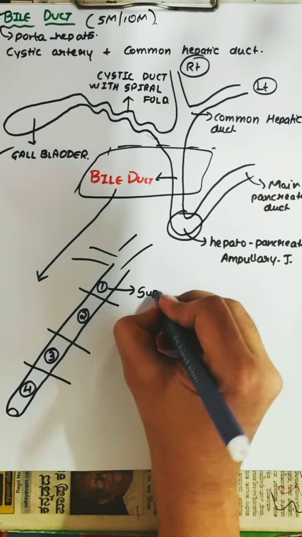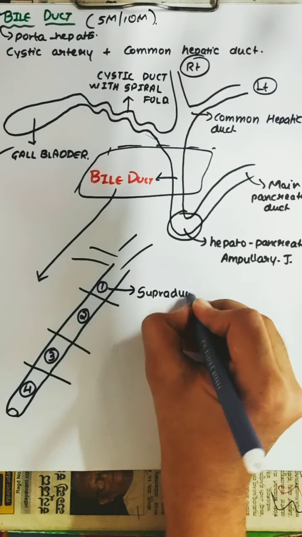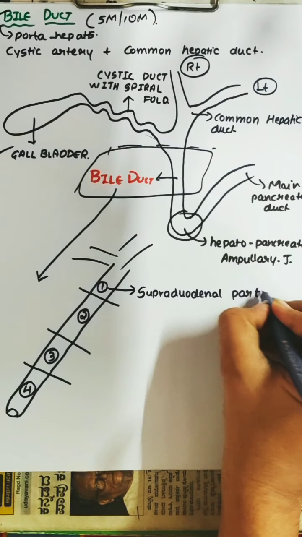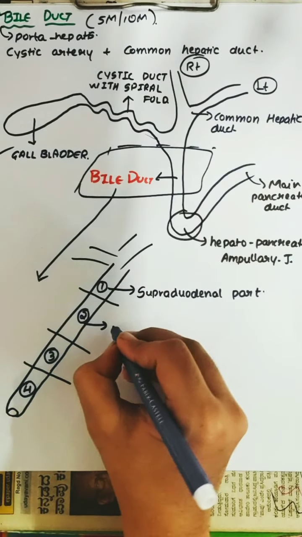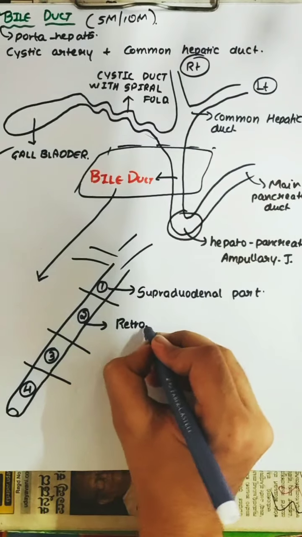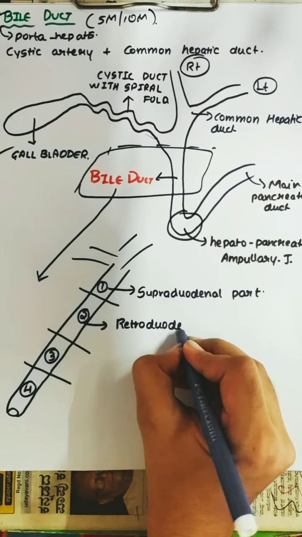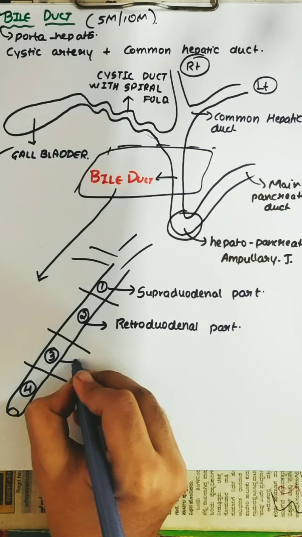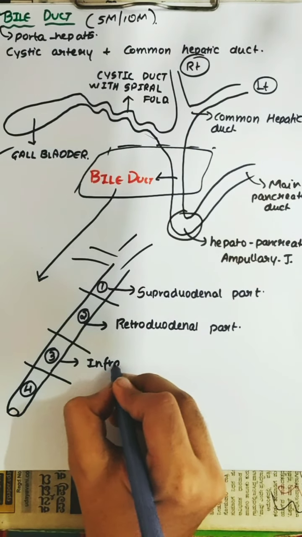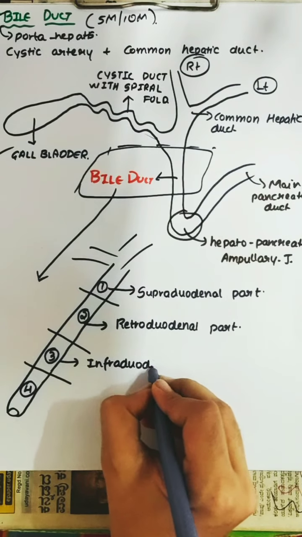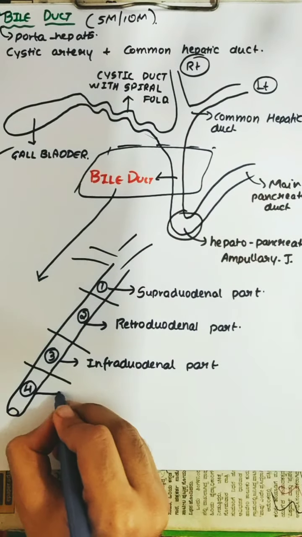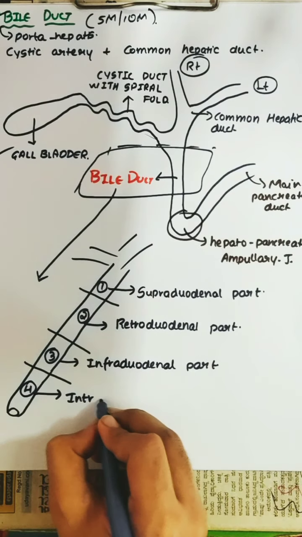The first part is the supraduodenal part. The second part is called the retroduodenal part. The third part is called the infraduodenal part, and the fourth part is called the intraduodenal part.